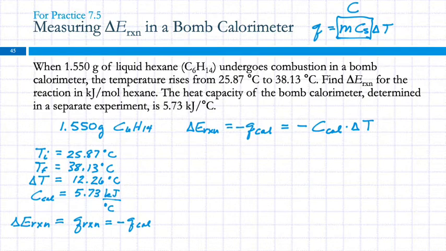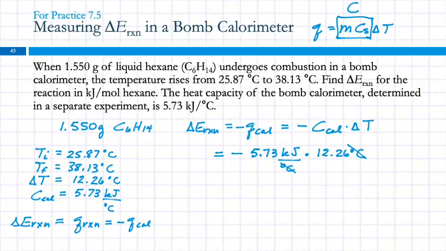So that mass wouldn't work anyway. So we put this in here, and this is where units can be really helpful. So 5.73 kilojoules per degree Celsius, and that's multiplied by 12.26 degrees Celsius. The degrees cancel out and we have kilojoules.